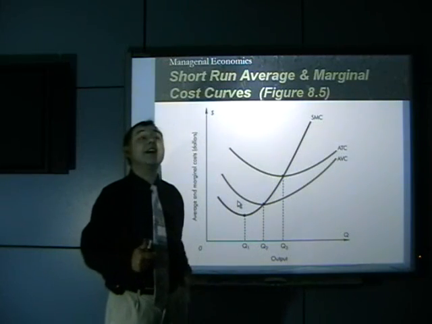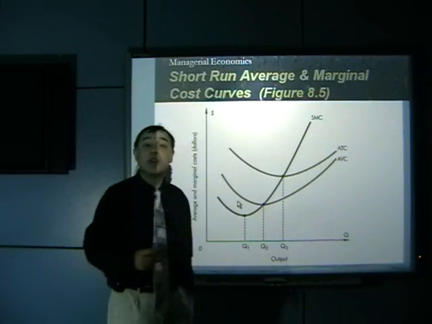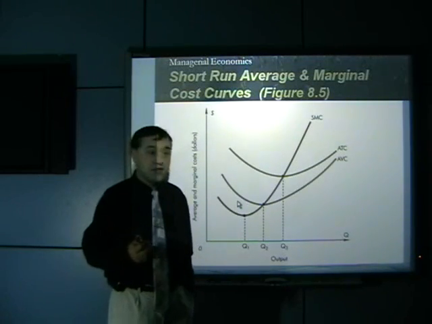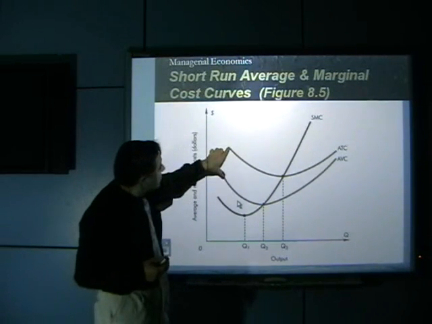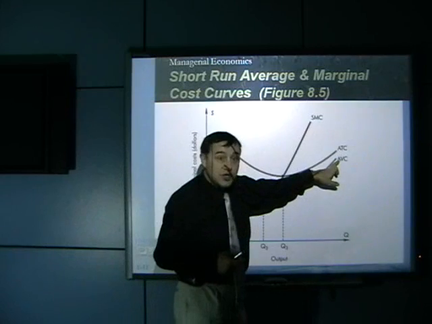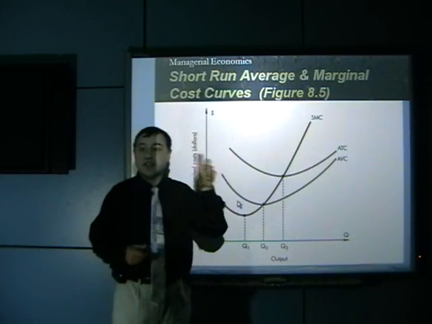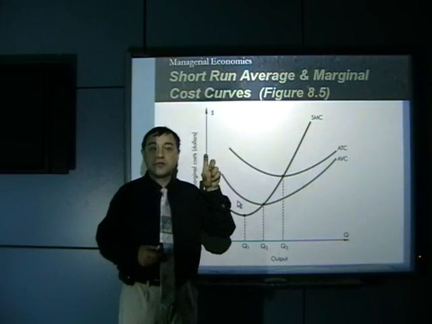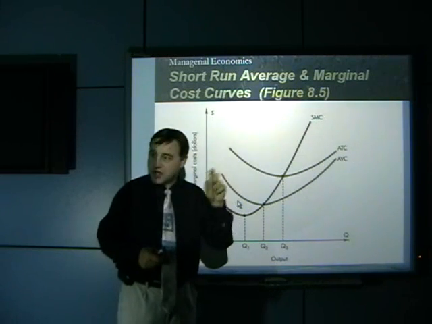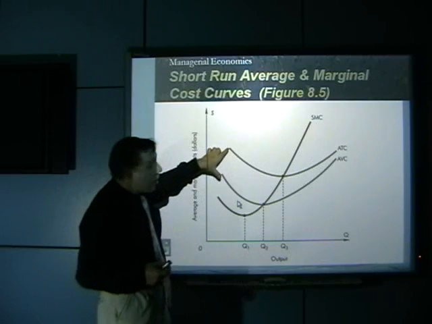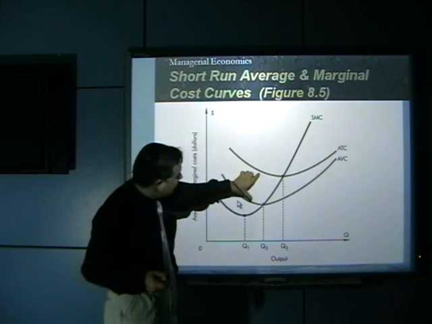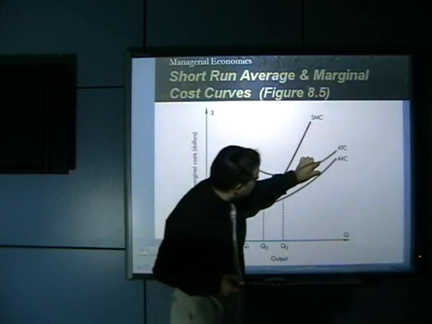Now, there is one last thing to notice, which I did not emphasize on the previous picture, is the difference between these two. Average variable cost and average total cost. This represents what's the difference between these two? Average fixed cost. So average fixed cost always shrinks as the quantity increases.